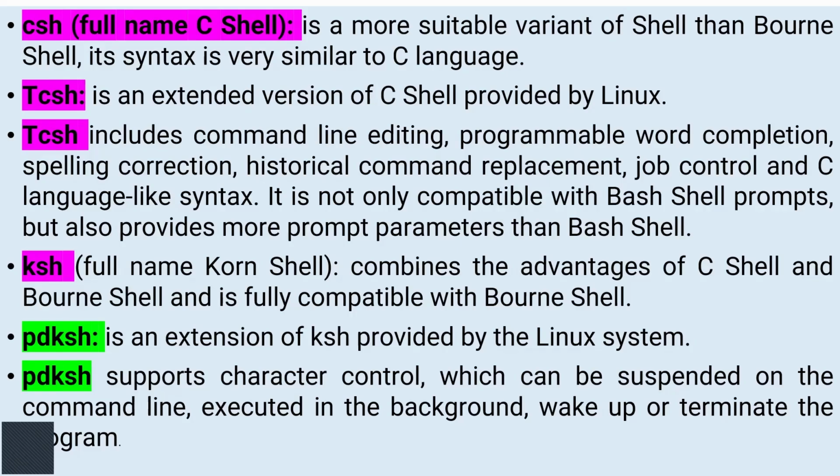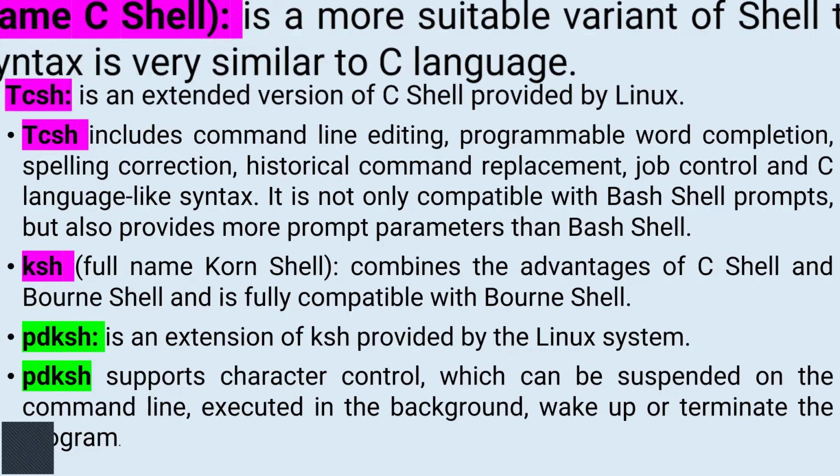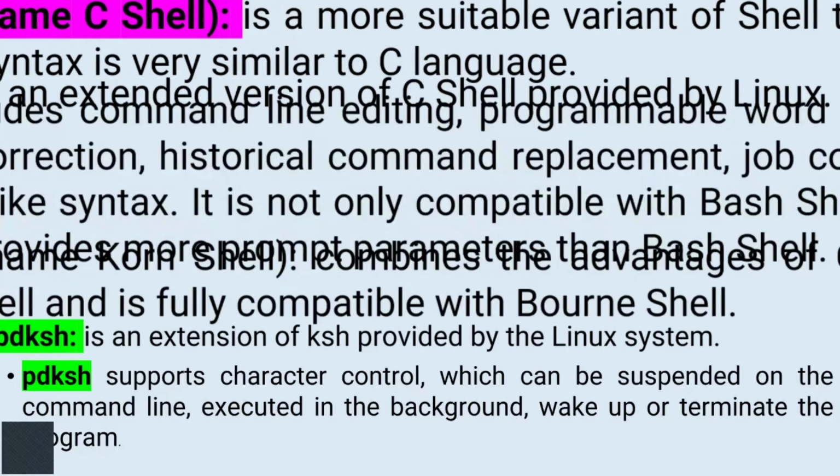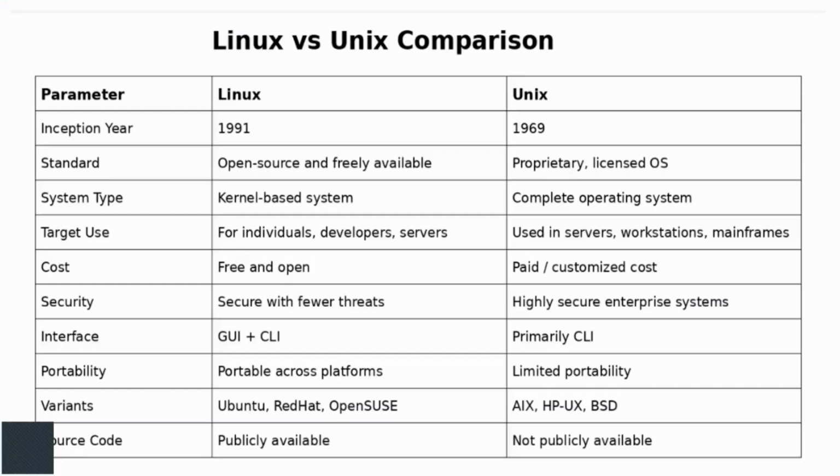Now, talking further about pdksh, that is the extension of ksh provided by the Linux system. pdksh supports character control, which can be suspended on the command line, executed in the background, woken up or terminated. The purpose of discussing these shells is to understand which particular shell we have to use as per our requirement.